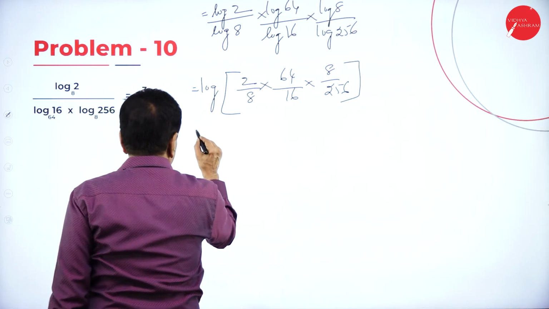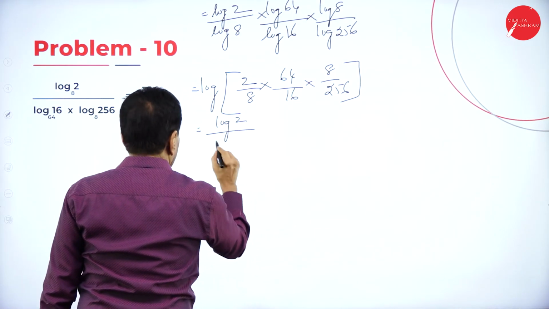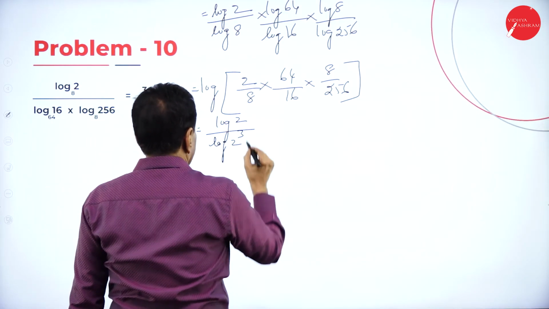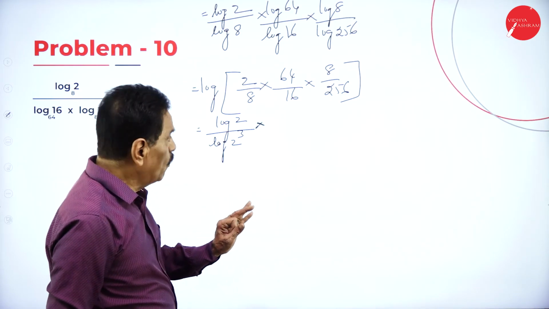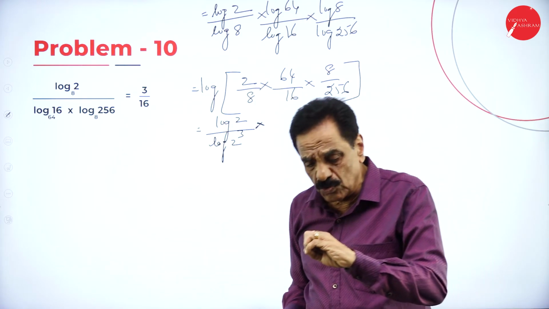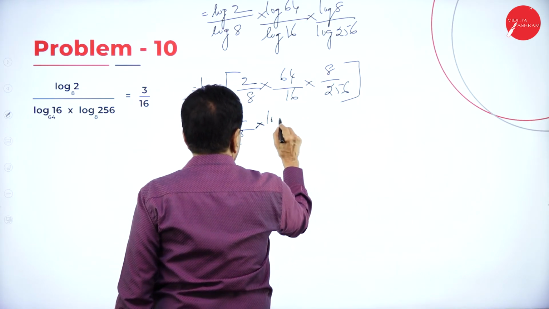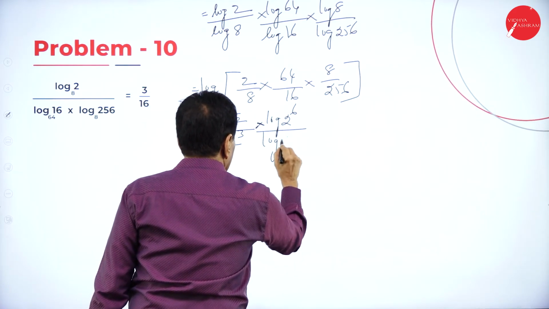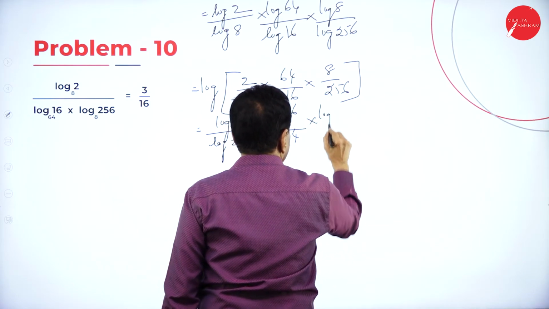So this can be written as log 2 cube into log 64. 2 twos are 4, 4 twos are 8, 8 twos are 16, 16 twos are 32, 32 twos are 64. So log 2 to the power of 6, log 2 to the power of 4. This is log 2 cube.